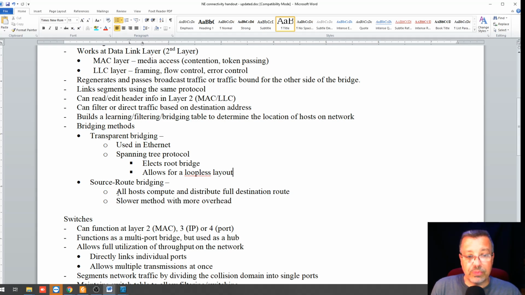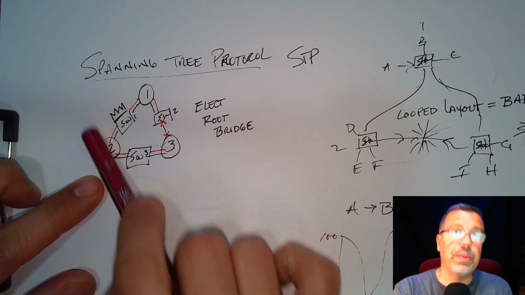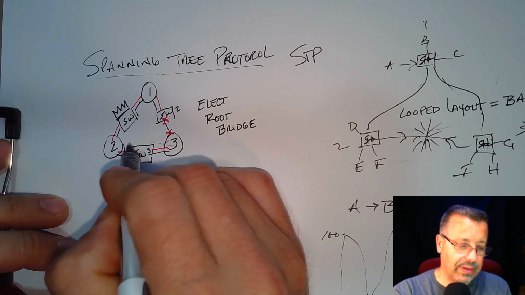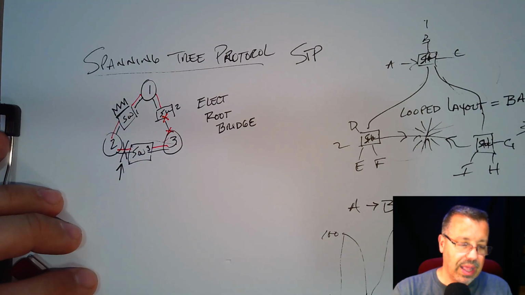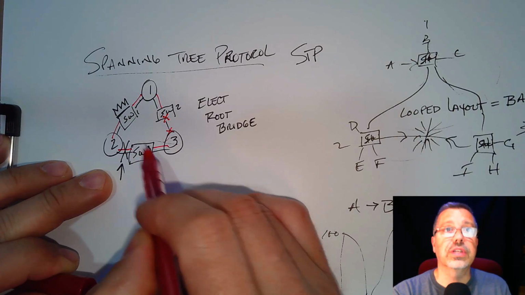Source route has more overhead because the client actually has to calculate the entire path, and it can have problems. The great part about spanning tree, and I didn't mention this, is if for some reason somebody unplugs that cable right there and that goes down, then we know this switch is going to be isolated.